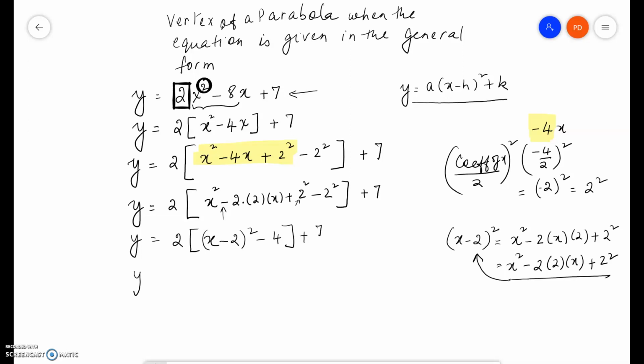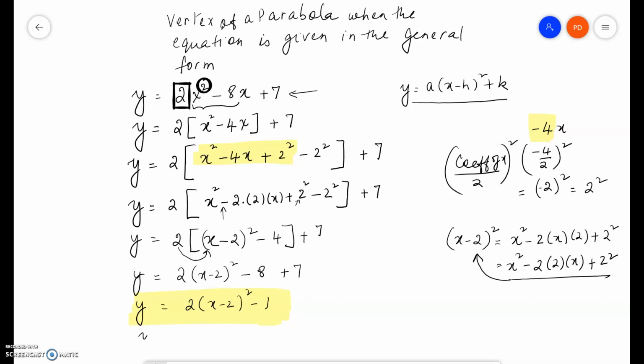So this is the same as y equals 2 times, now I'm going to distribute the 2, (x minus 2) the whole squared, distribute the 2, so that is negative 4 times 2, that's negative 8, plus 7. So y equals 2 times (x minus 2) the whole squared minus 1. So that is the equation of the parabola in the standard form.